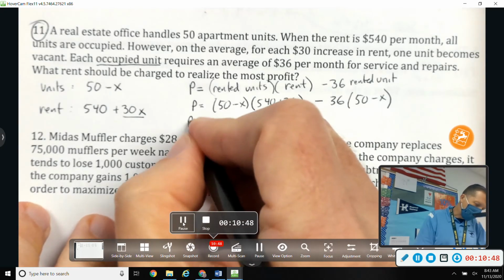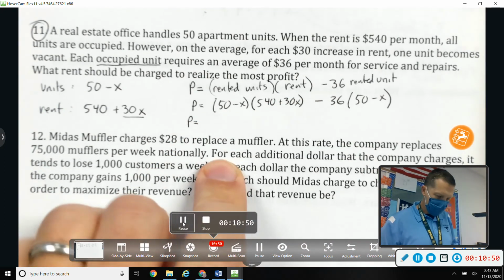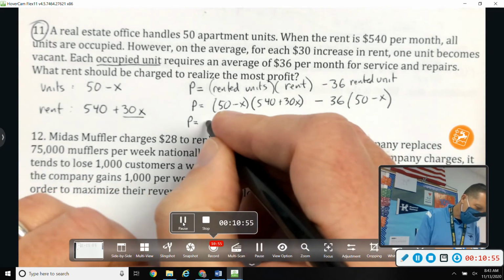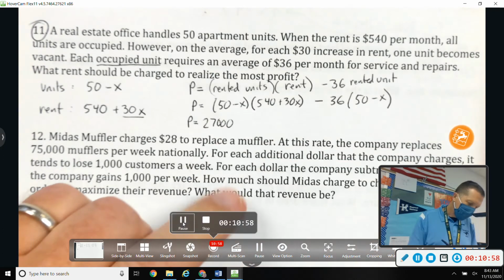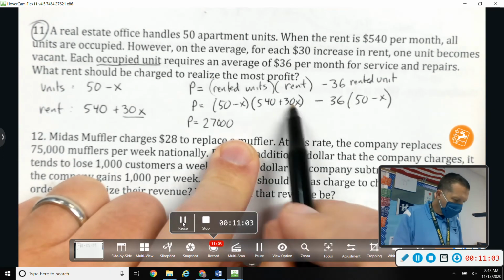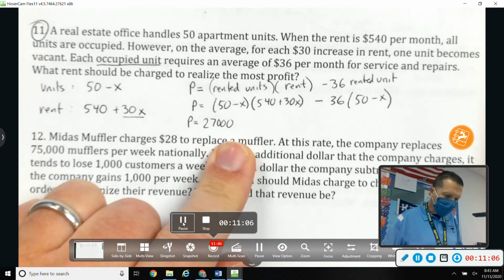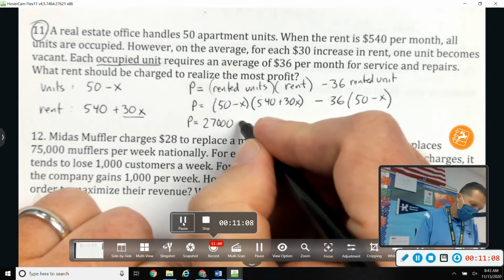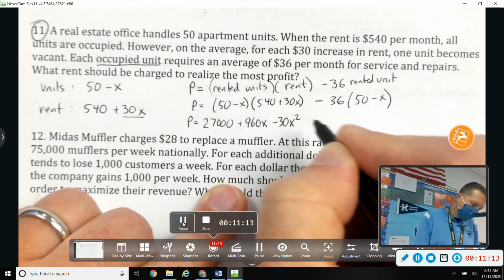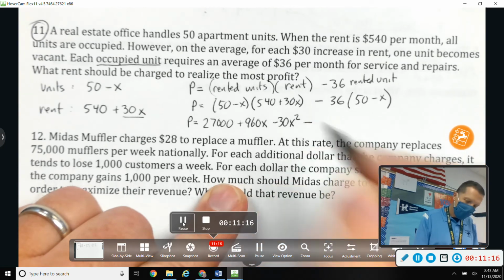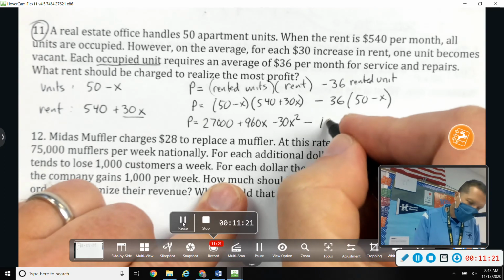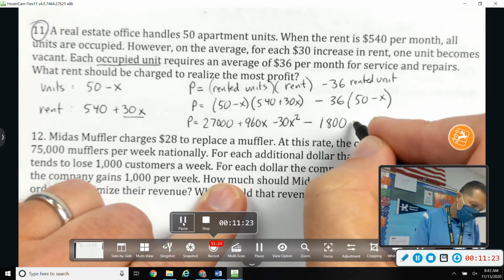Grabbing a calculator for this one, because I don't know 50 times 540 off the top of my head. 27,000. 30 times 50 minus 540, so doing the middle terms at the same time, would be plus 960x minus 30x squared, minus 36 times 50, plus 36x.